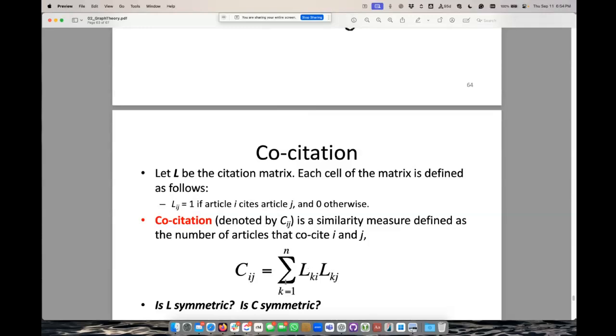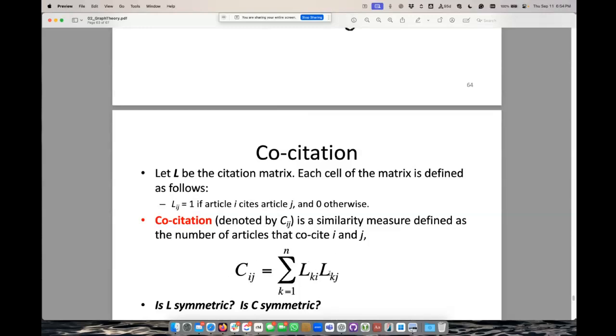And if they exist, then we want to do the same thing for all possible Ks. So let's say there are n nodes or n papers in the network, then we iterate from k equals 1 to n. So for all those k where there is an edge from k to I as well as an edge from k to j, this will be 1, and then we keep adding that, right?